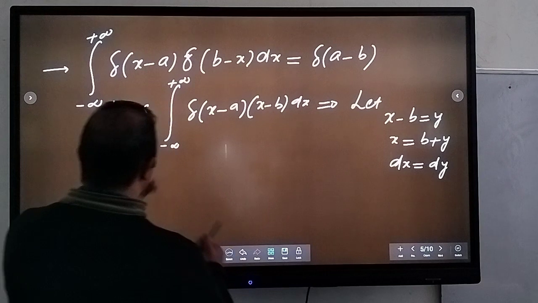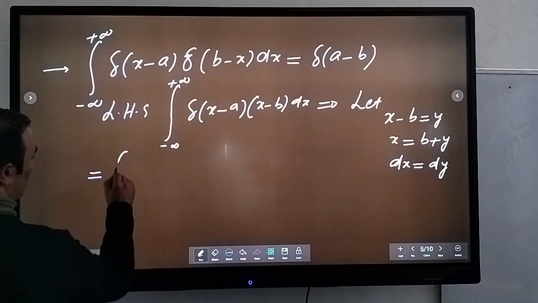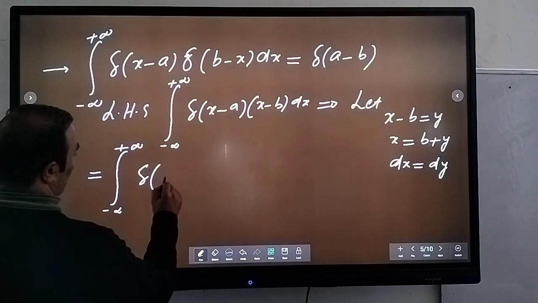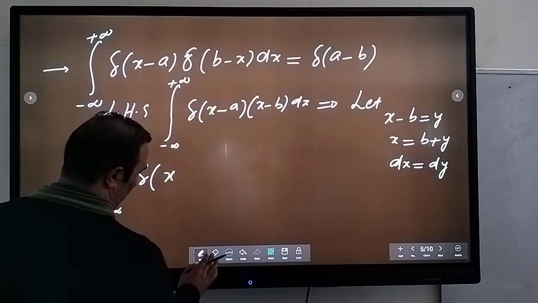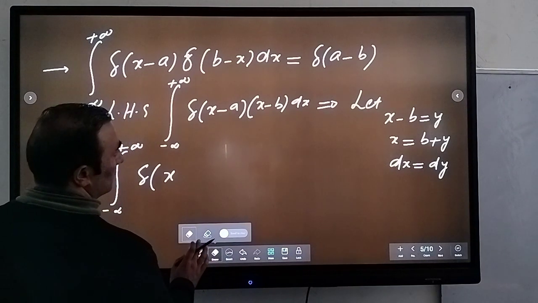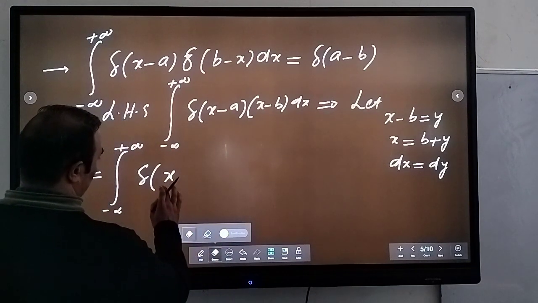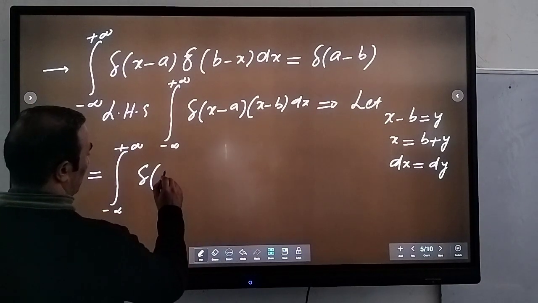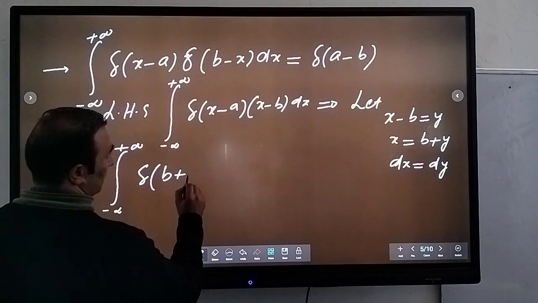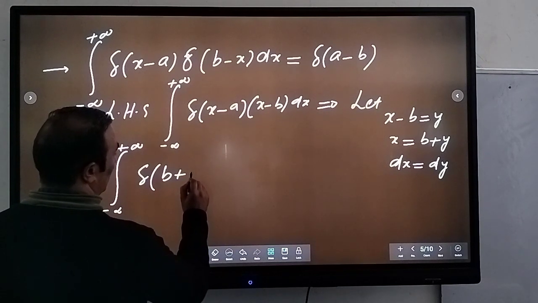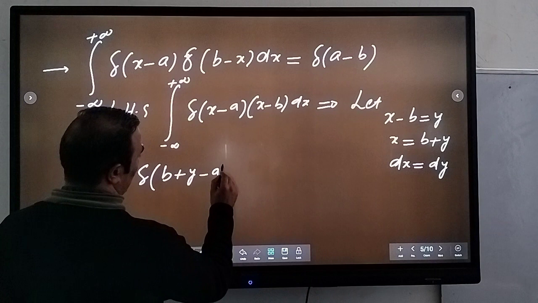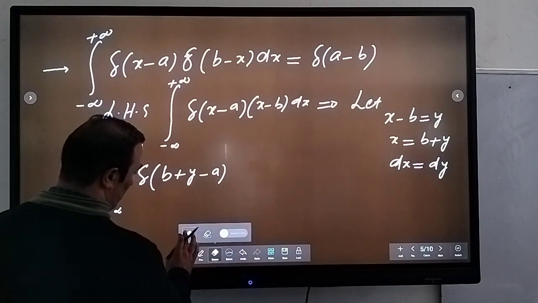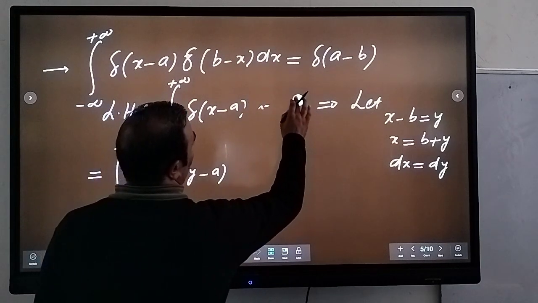Okay, so we can rewrite its value as, so instead of x, we write b plus y minus a into, sorry, what I wrote here.